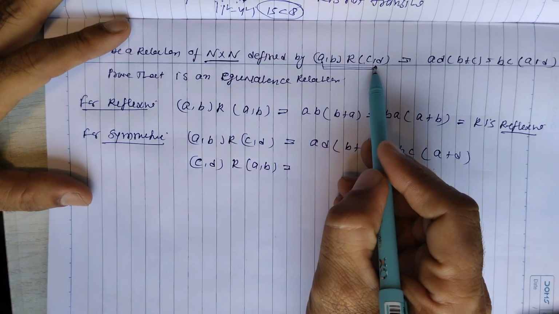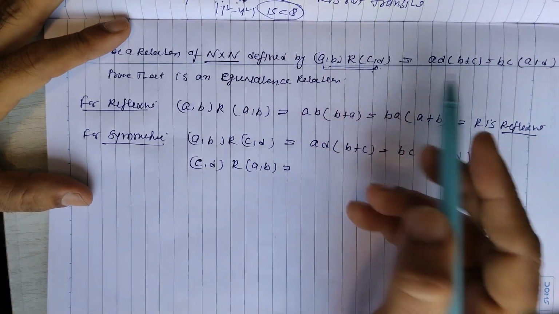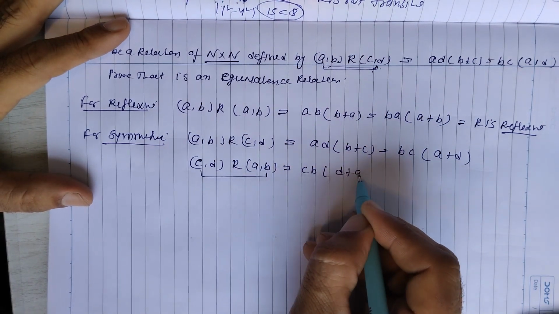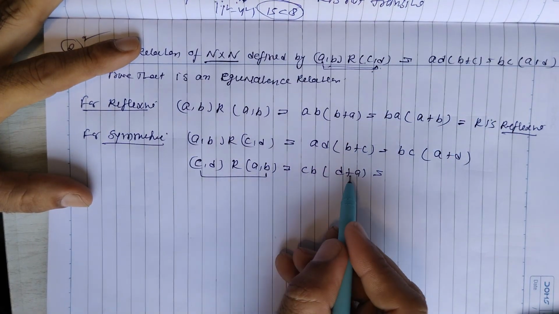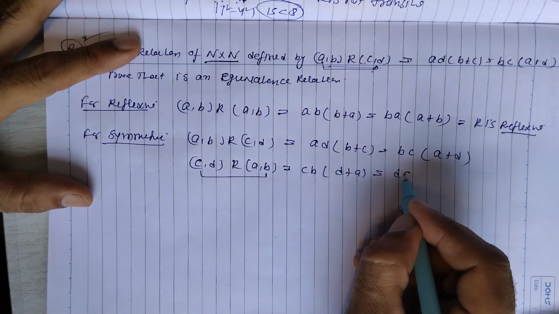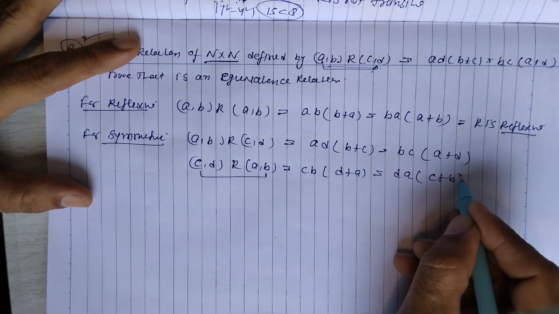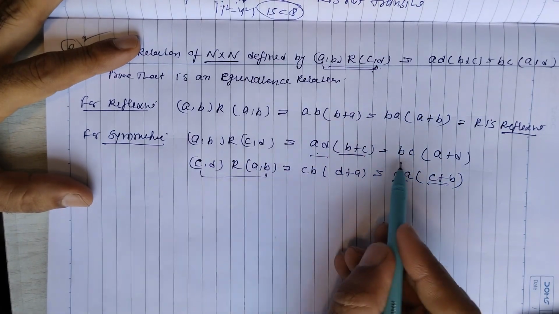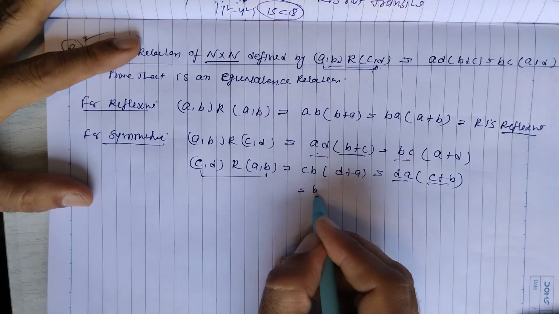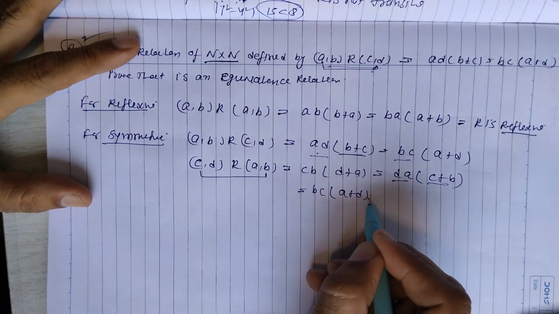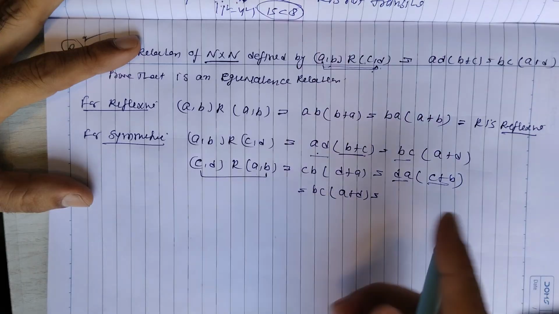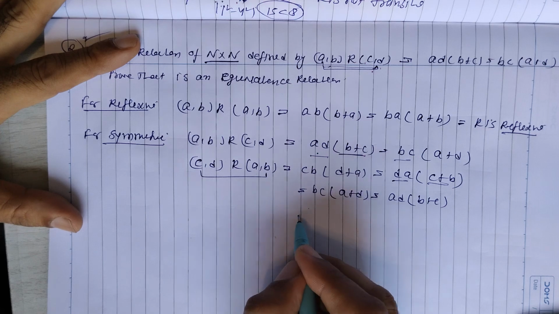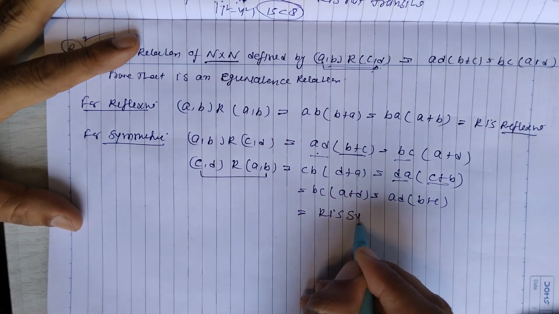First into fourth, so C into B, and second plus third, so DA and this term becomes B plus C. Check: AD, yes; C plus B, yes, B plus C. BC and CB both are the same. The summation of natural numbers is commutative. So DA can be written AD, C plus B can be written B plus C, which implies that R is symmetric.